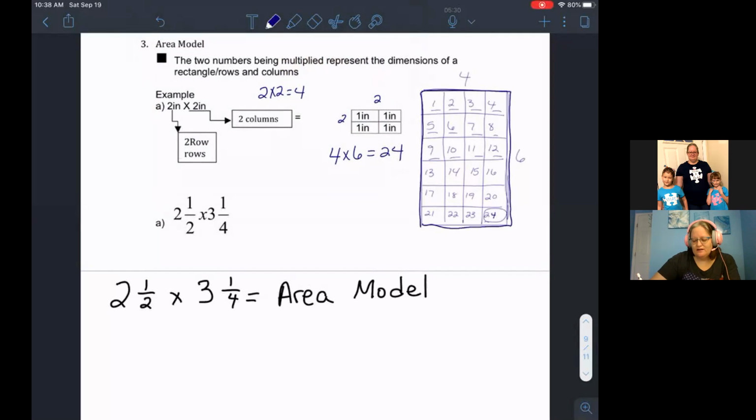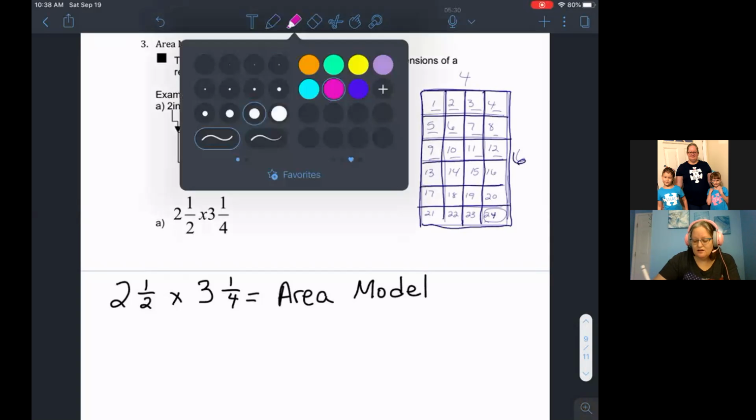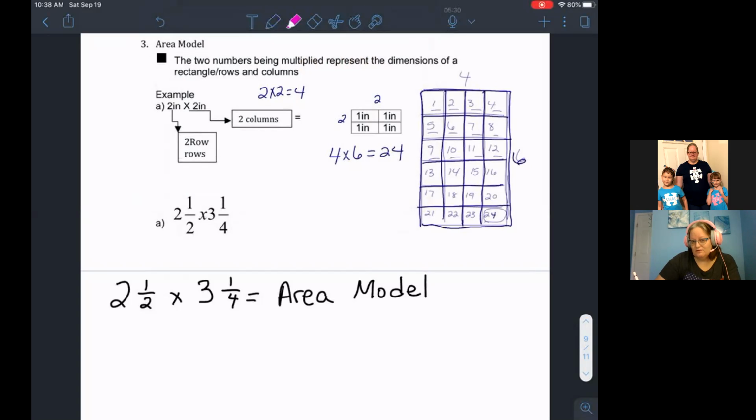So you would divide this side by 4. So there's 4 units. And then the other side, the 6, we would divide it evenly by 6. And then you would just count how many units are inside the rectangle.